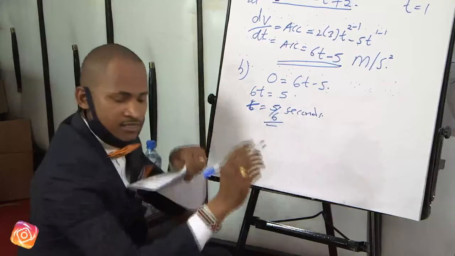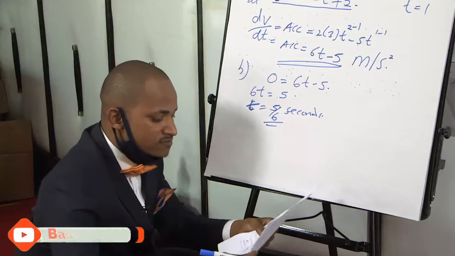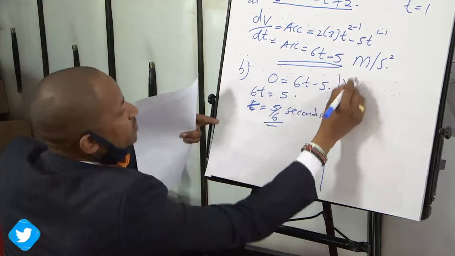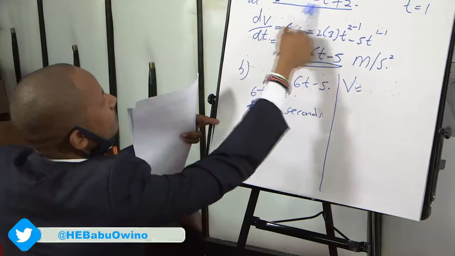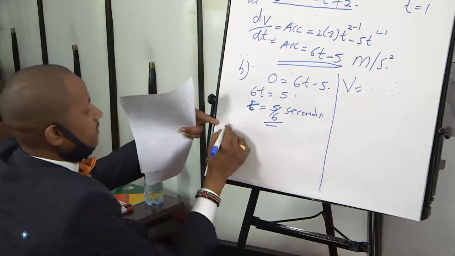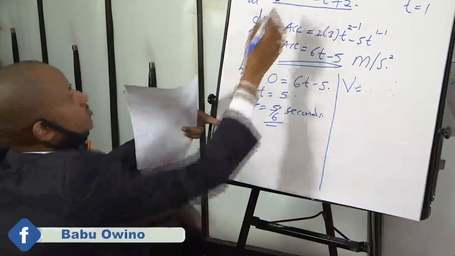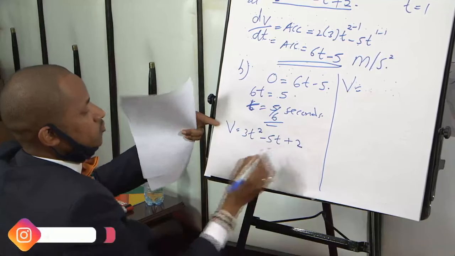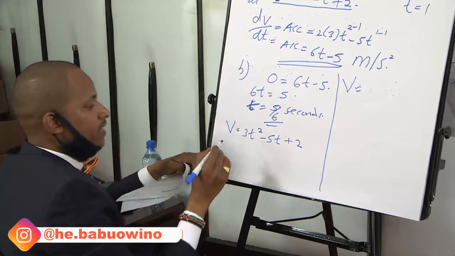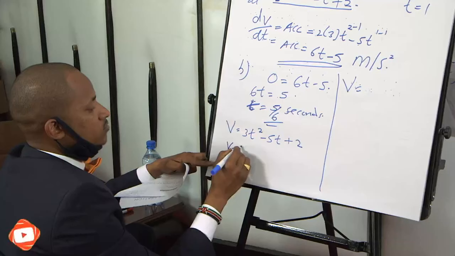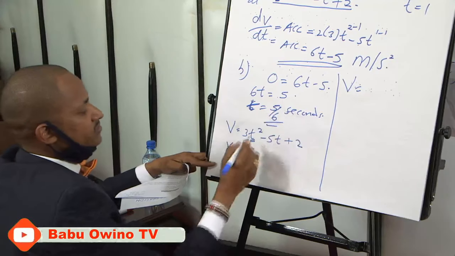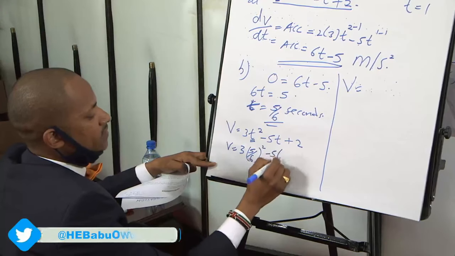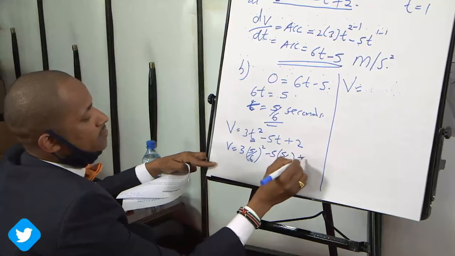But this is t, although the question wants the velocity when acceleration is 0. Therefore, velocity from our equation is 3t squared minus 5t plus 2. From here, velocity is equal to 3, but the value of our t is 5 divided by 6, squared, minus 5 into 5 divided by 6 plus 2.